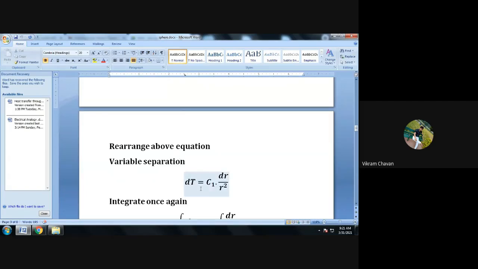So we have shifted r terms on one side and we have kept dt term, or the temperature term, on one side. So dt is equal to c1 multiplied by dr divided by r square.